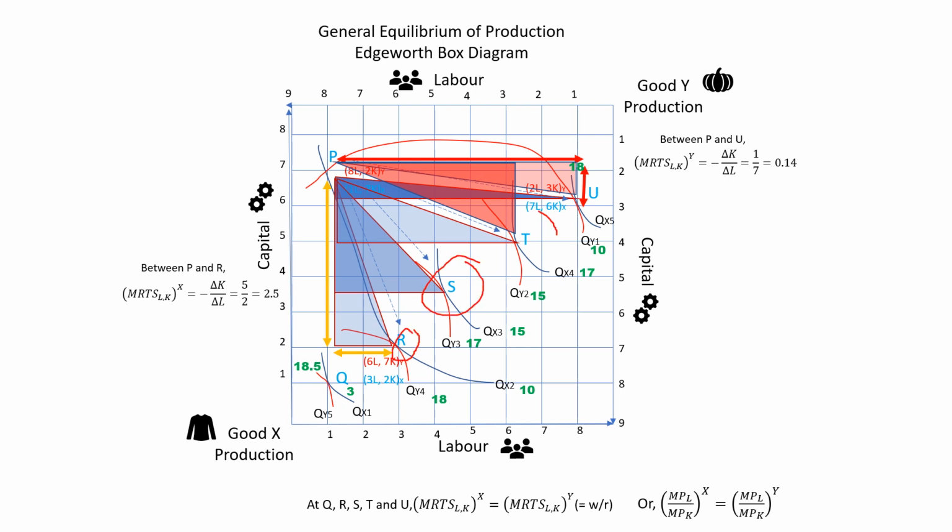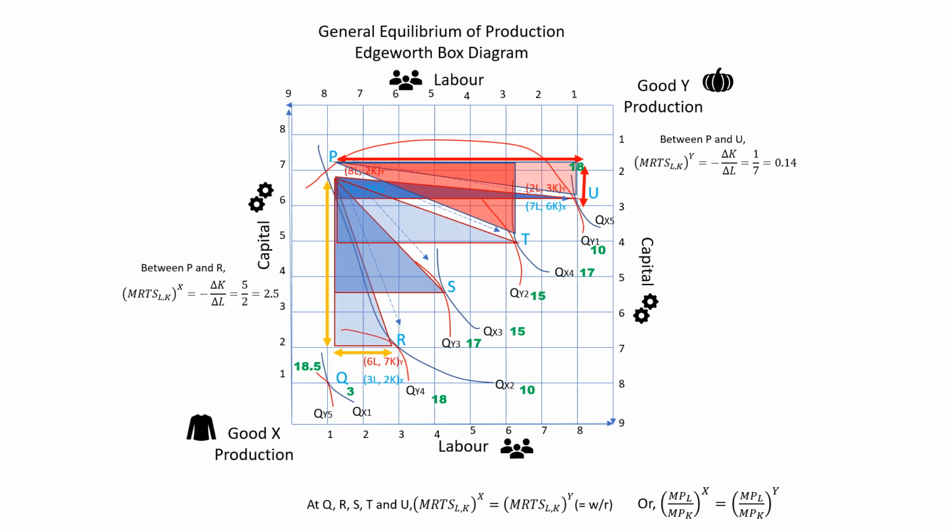Where exactly we end up will really depend on the extent to which labor or capital can be attracted to the production of clothing or to the production of food. Now, the extent to which labor or capital can be attracted to the production of the goods will really depend on the conditions that are existing with regard to the demand of these goods in the output market.